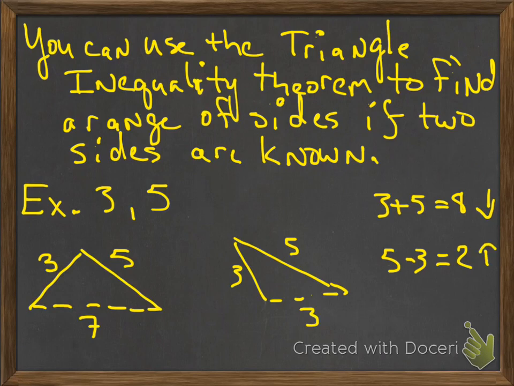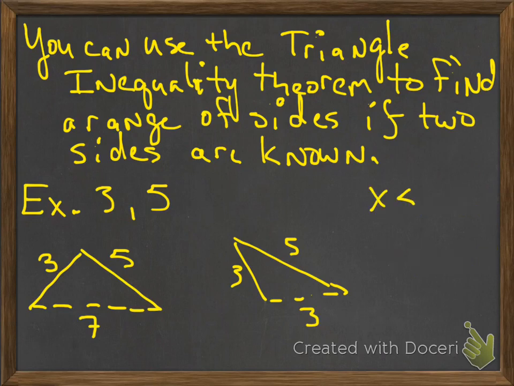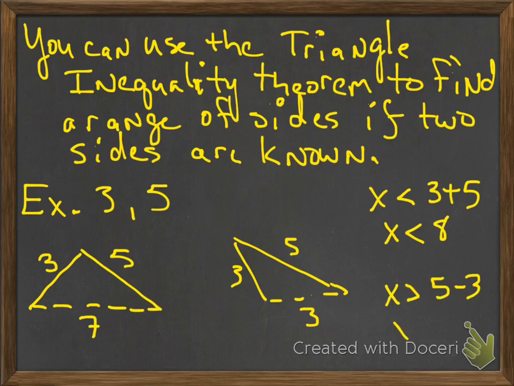So rather than saying equal to, let's say x needs to be less than 3 plus 5. So if you know the two sides, x needs to be less than the sum of the two sides, but at the same time it should be greater than the difference of the two sides. Notice here that 7 is less than 8, and 3 is greater than 2.